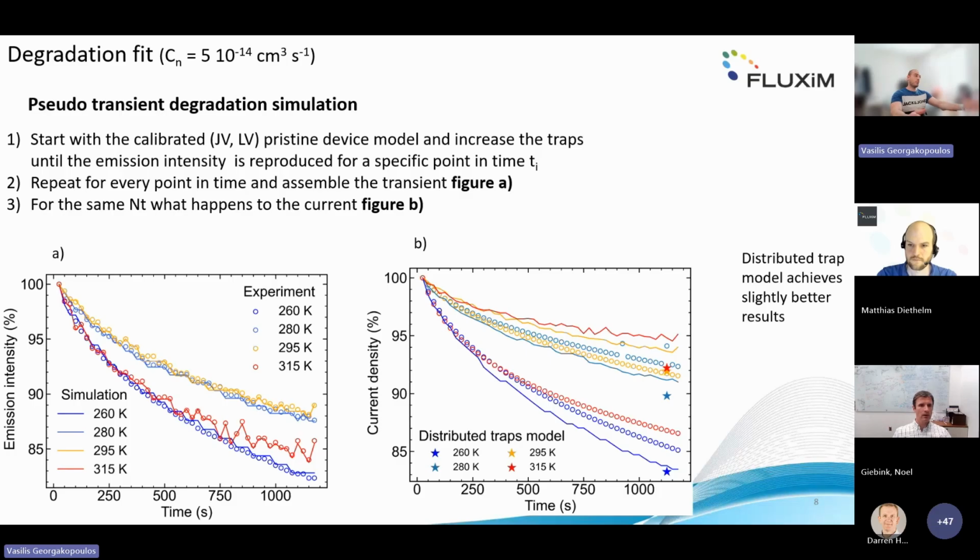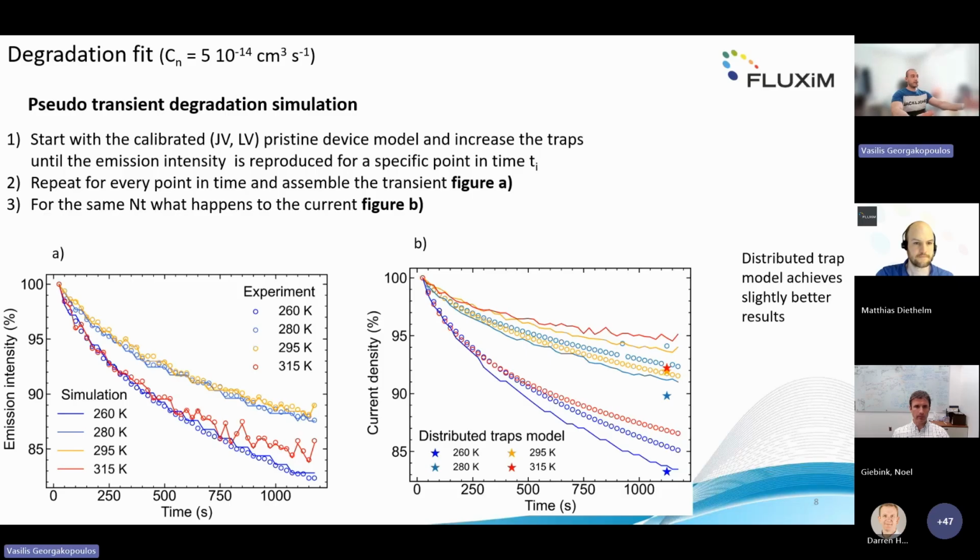Then we repeat this for all points in time, and we assemble the transient, as we can see, for example, for the intensity in figure A. Then we can also plot the results for the current in figure B for the same trap densities.